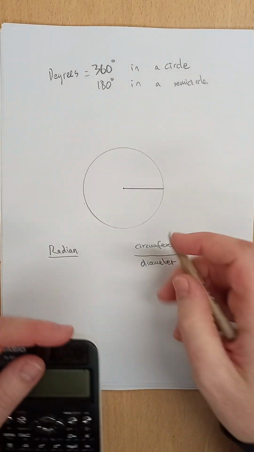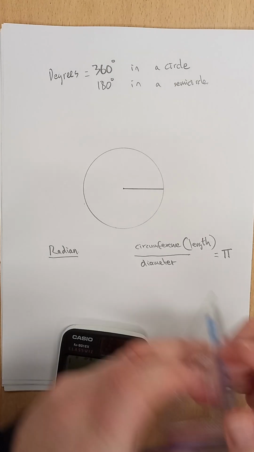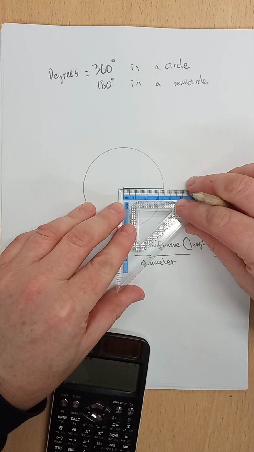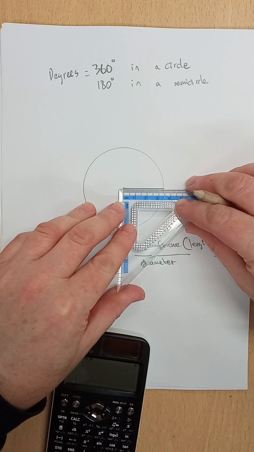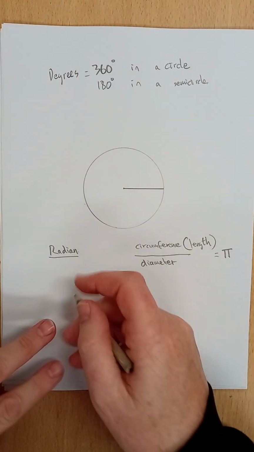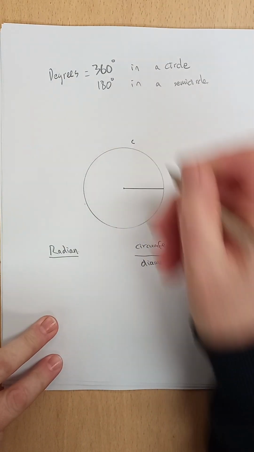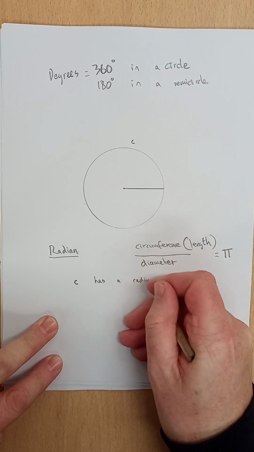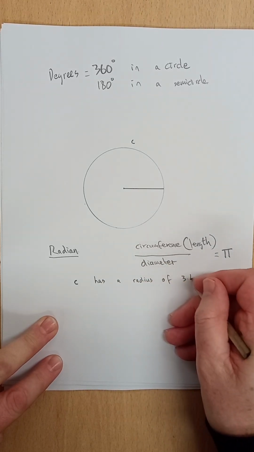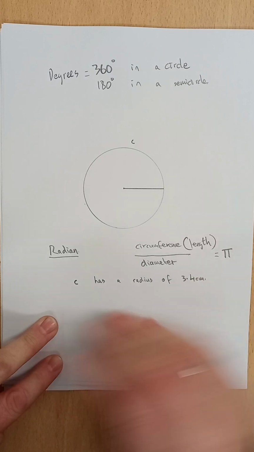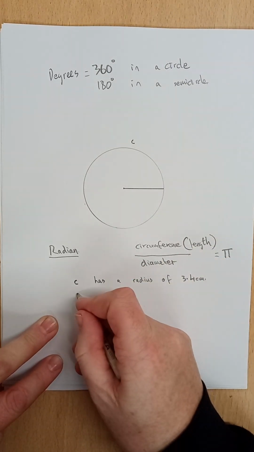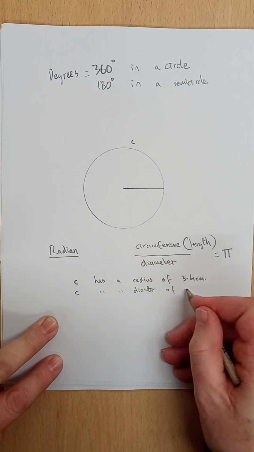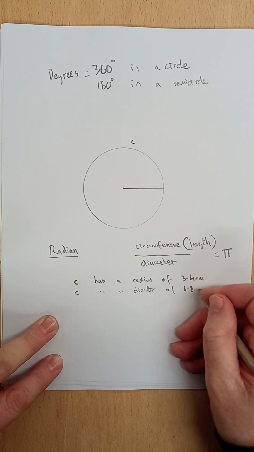Let's take a circle with a radius of 3.4. Let's call this circle C. C has a radius of 3.4 centimeters. Now, let's work out its diameter. C has a diameter of, well, double that, 6.8 centimeters.